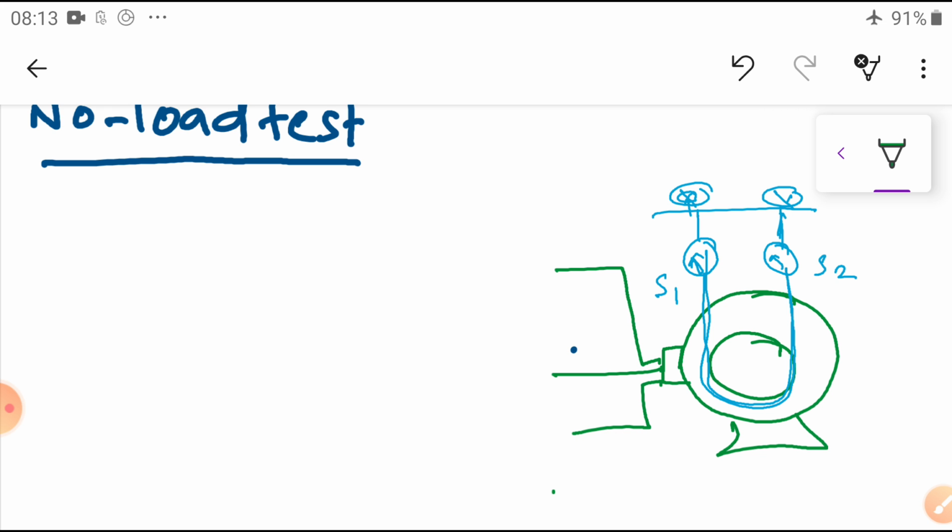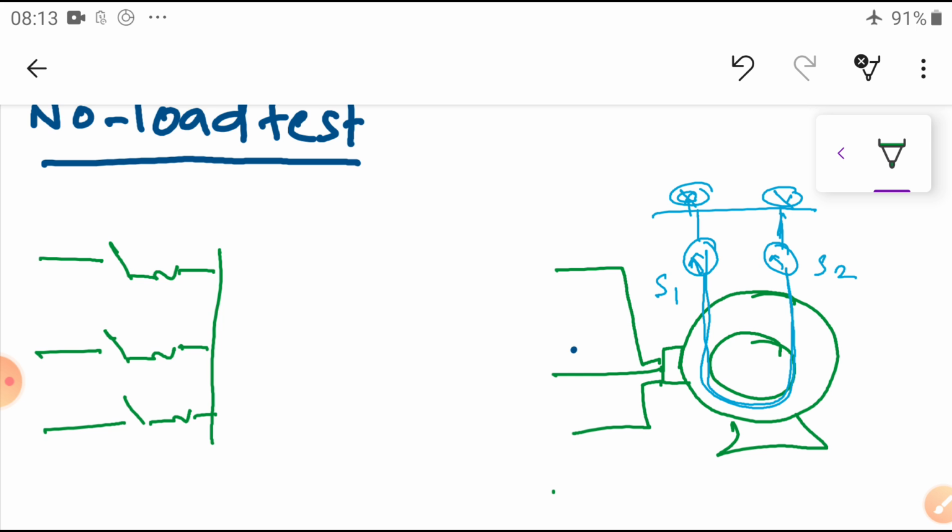Now, what is happening here? Connected the R phase, Y phase and B phase through the ICTP switch. Similarly, you are going to connect the same thing here. Okay, you connected the 3-phase variac.